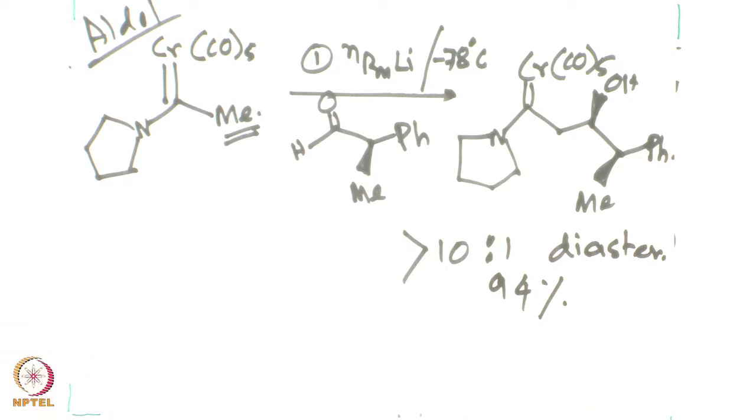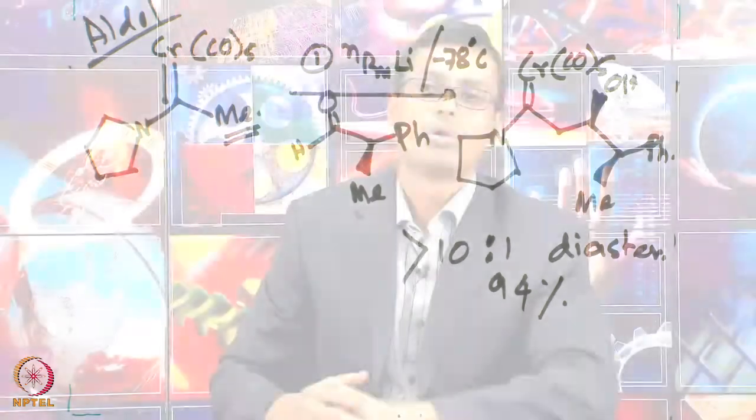Okay. Now, so I think with that we would like to close on this reactivity pattern of the Fischer carbene. As you have seen, this is quite interesting. Any example that you know with the aldol reaction, you can definitely think about the Fischer carbene reaction. Right? These are much more acidic. The methyl group or the partner that is associated with the Fischer carbene is much more acidic.